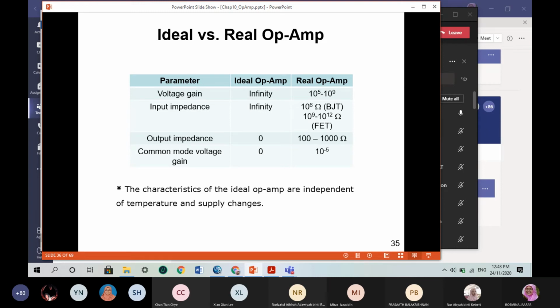But for output impedance, it's only in the range of a few hundred to about 1 megaohm.